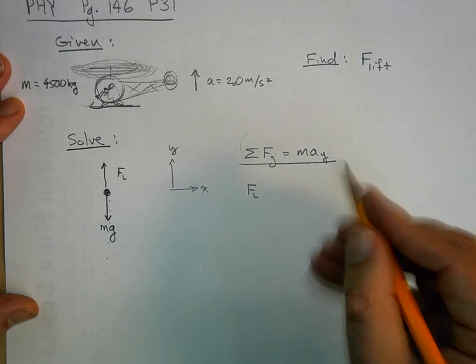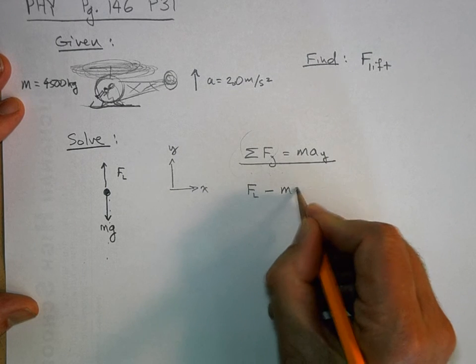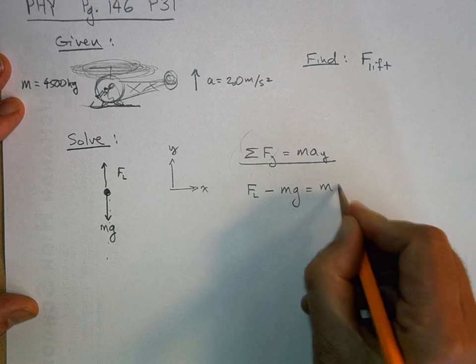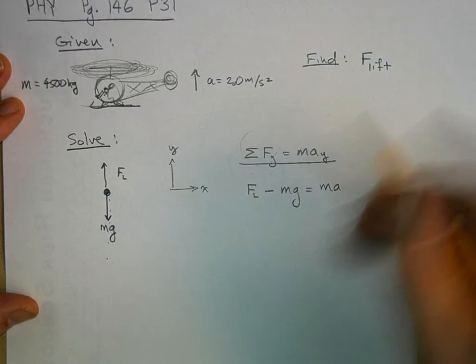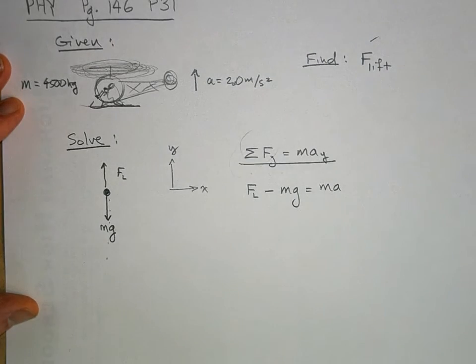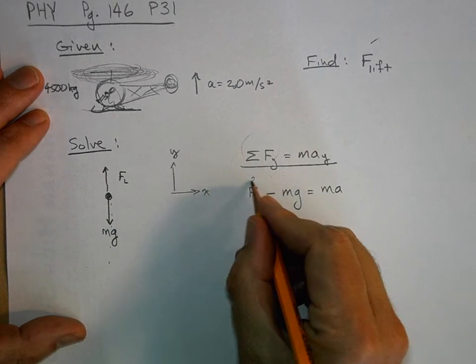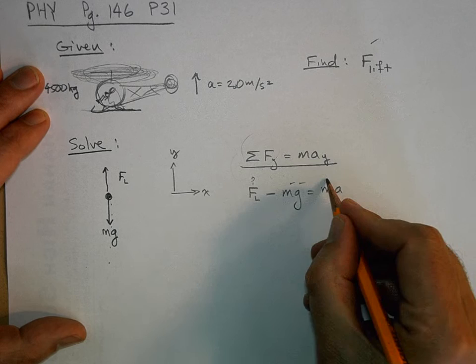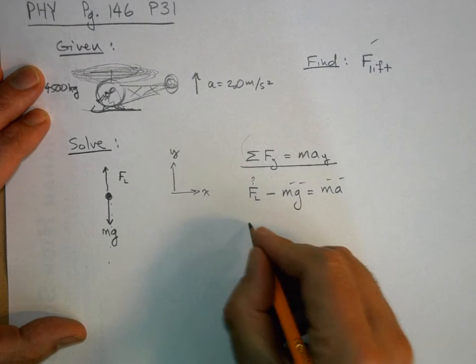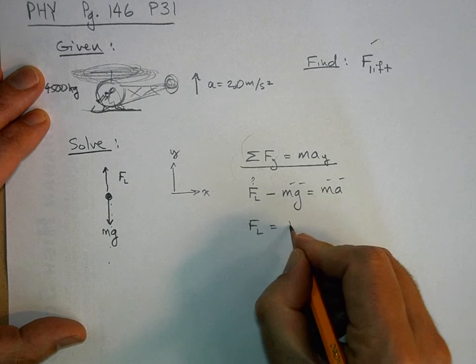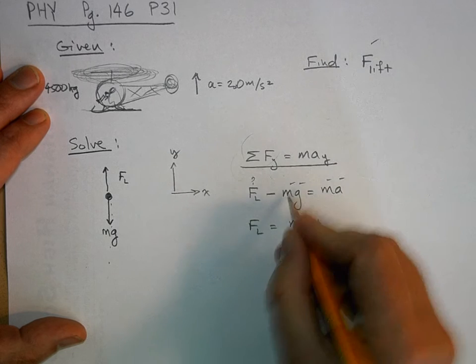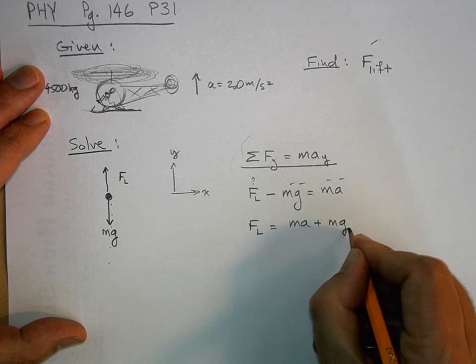Adding a negative means we're subtracting the weight equals ma. Now what am I solving for? Solving for the lift. Now I'm doing step 5. I'm solving for my unknown, because I know all the others. So the force of lift is equal to ma plus, add it to the other side, mg.